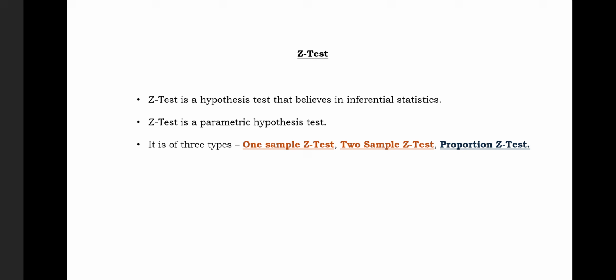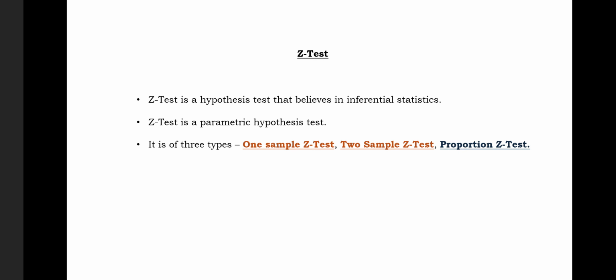The Z test is not only a hypothesis test, it is a parametric test. Yes, and a parametric test is a test which only uses a normal distribution. It means your population, your variable, will be behaving in a normal way. For example, you took the height of students of a class. You know very well that very few students will have a very tall height, and very few students will have a very small height, but most of the students will revolve around an average height.